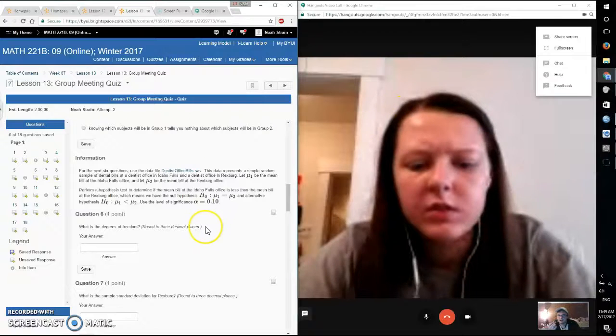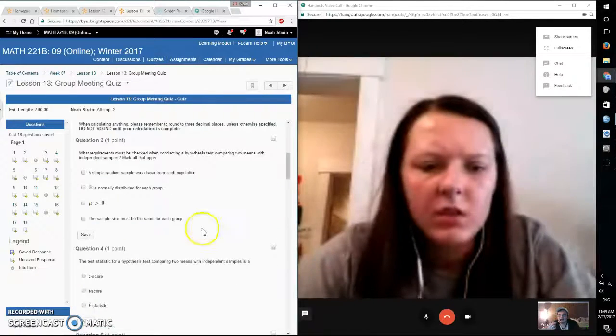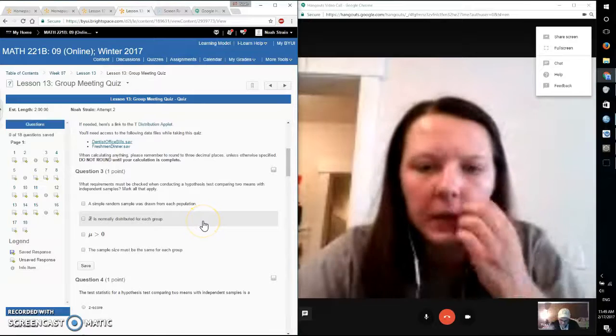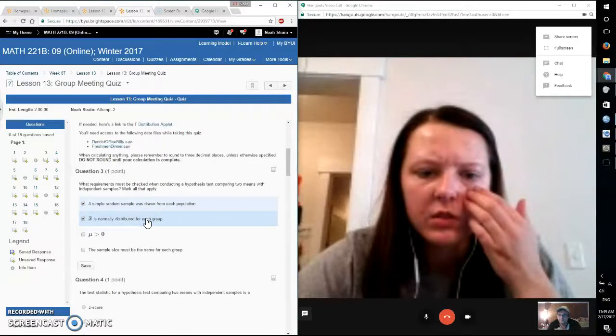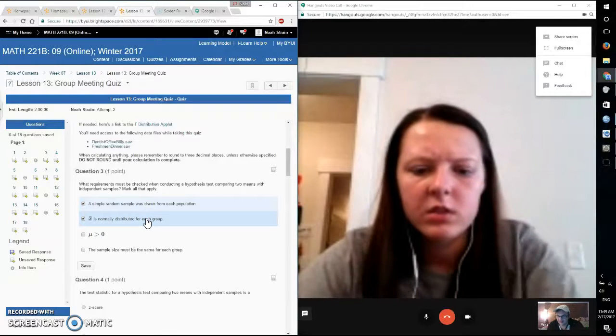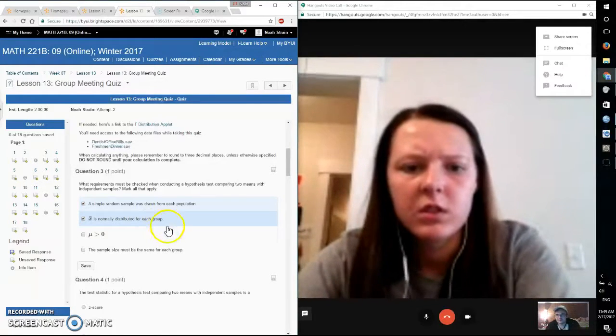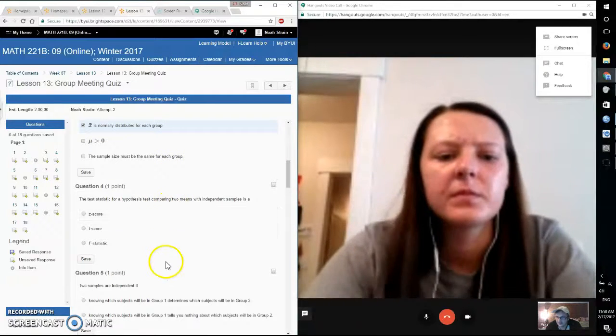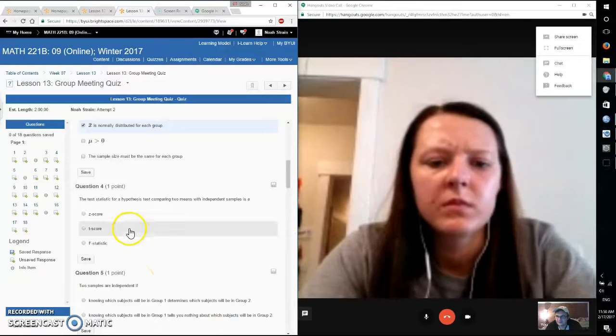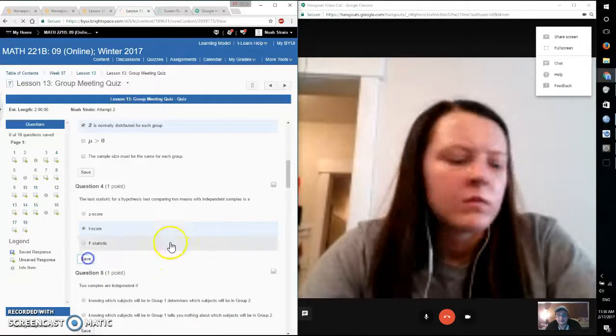Okay, so we want to go through it really quick? Yeah. I'll just glance over it. So for question 3, it would be both A and B. You need a simple random sample and the mean normally distributed for each group to compare the tests with each other, because then there's good data. The test statistic for a hypothesis test comparing the two is still a t-score.